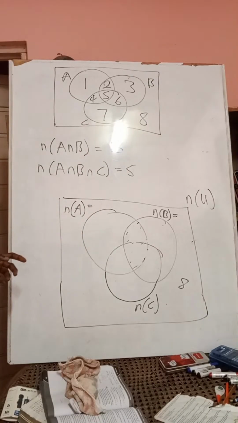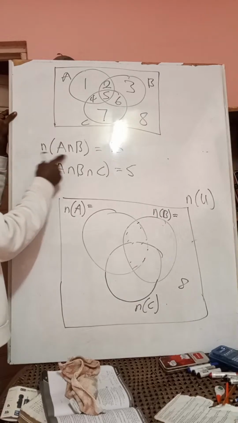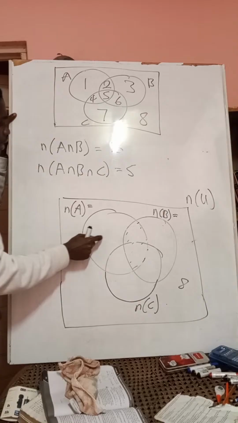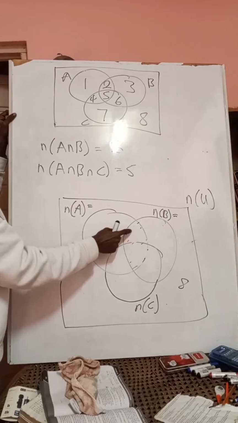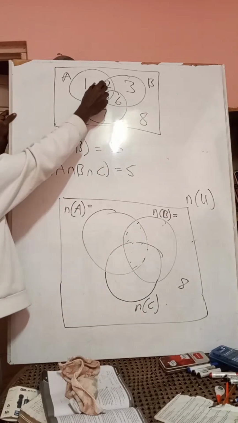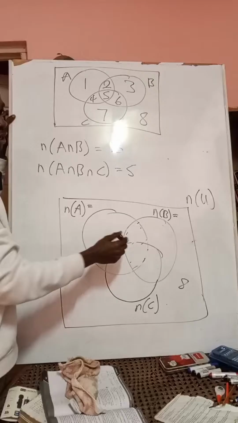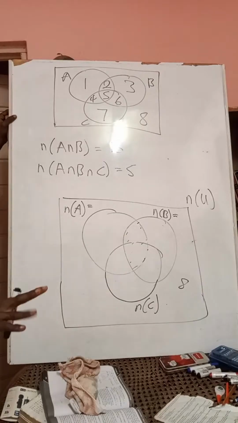Now let's continue. Whenever they give you that A intersection B equals 15, it doesn't mean that A intersection B is here in region 2. That is really wrong. That's what most common students do.